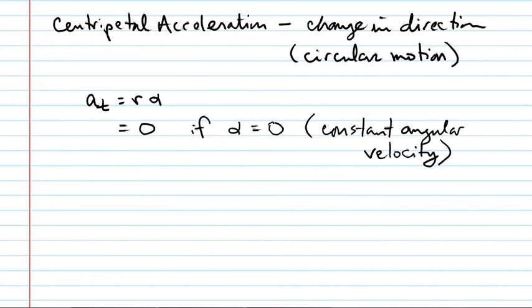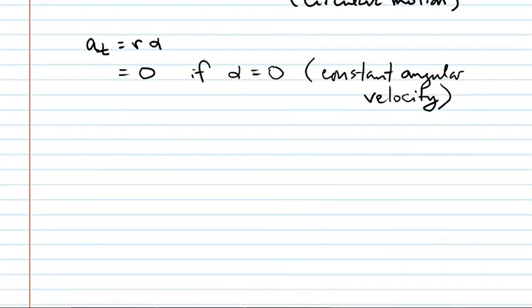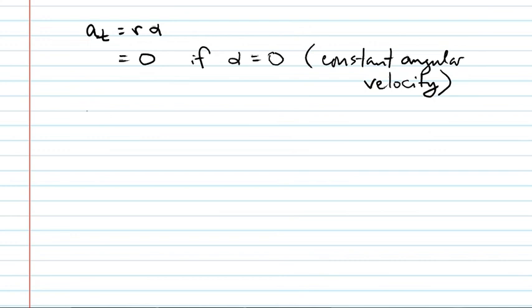So if an object is moving around in a circle at a constant rate, it's not speeding up or slowing down. The tangential acceleration is 0, and the centripetal acceleration still has a value. That's what's causing it to go around in a circle. That's in essence the velocity squared divided by the r.